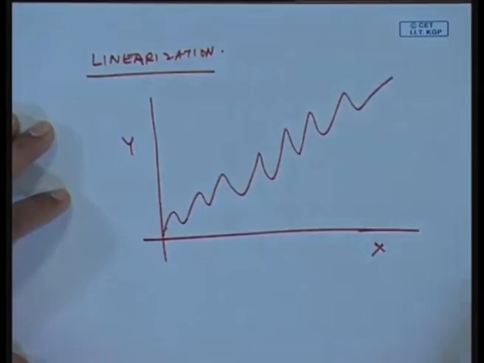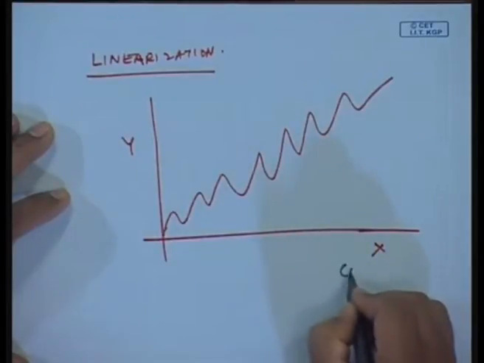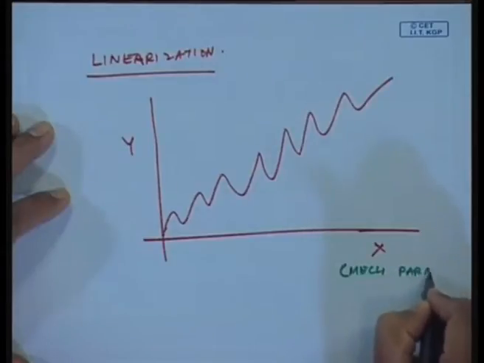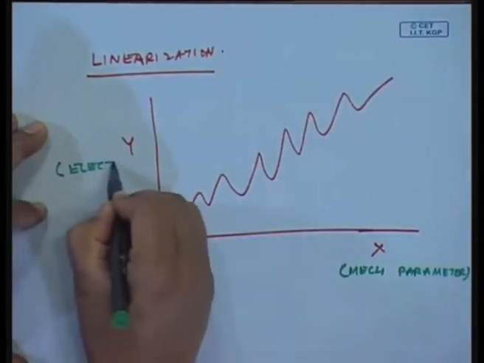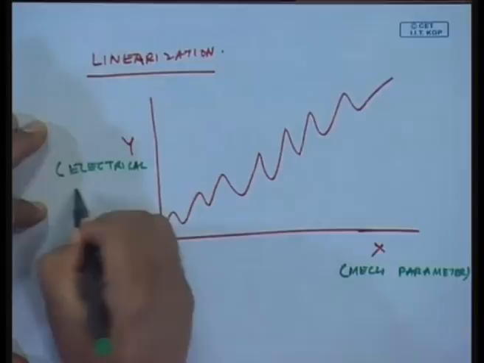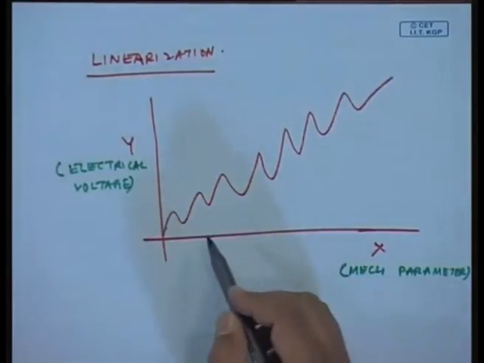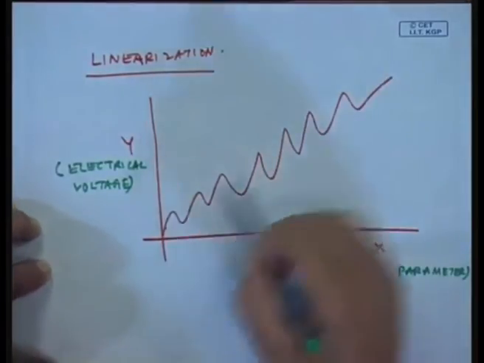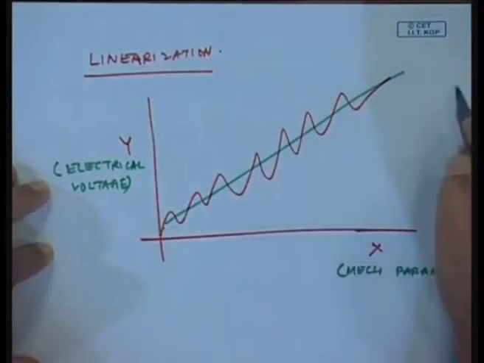If you imagine this was my mechanical parameter, and this was the corresponding electrical voltage, you see a lot of oscillations. Okay. So, either through a device, analog or digital, I could linearize the response.